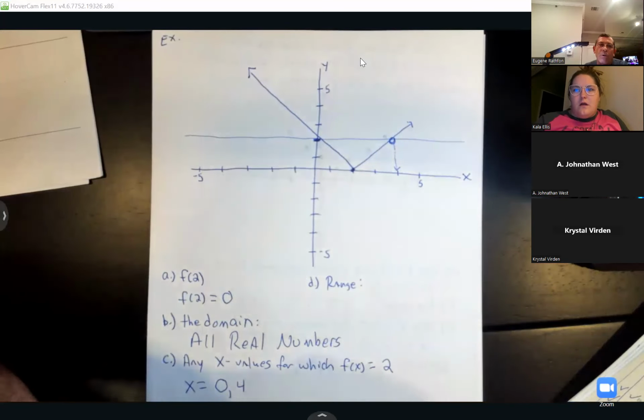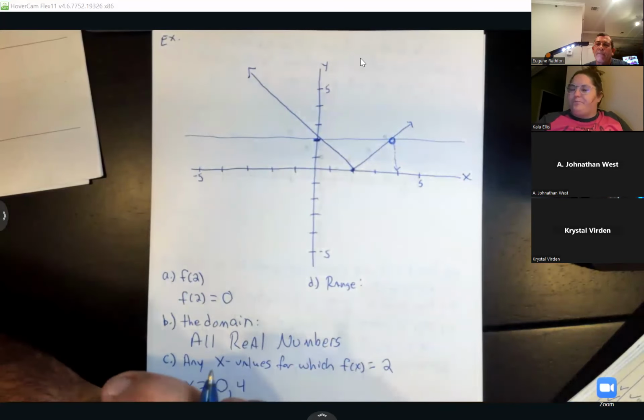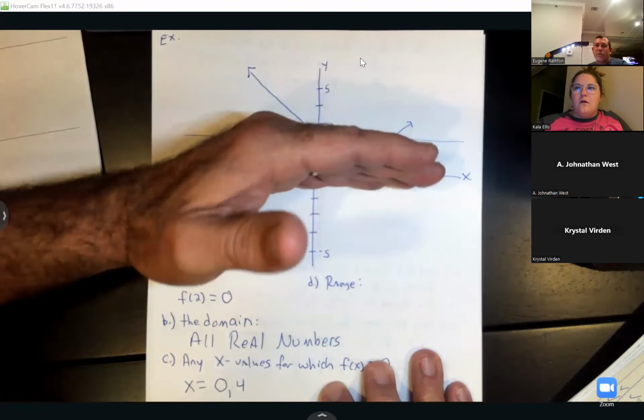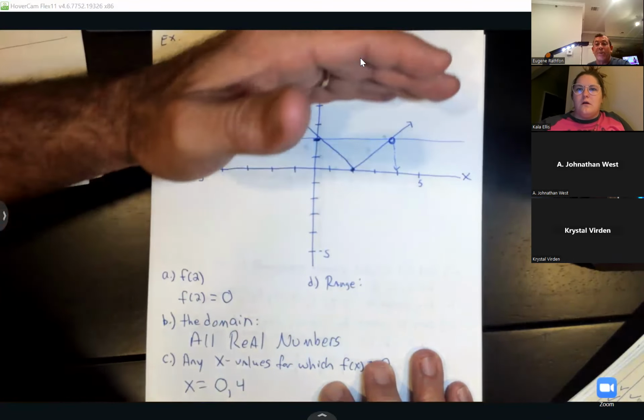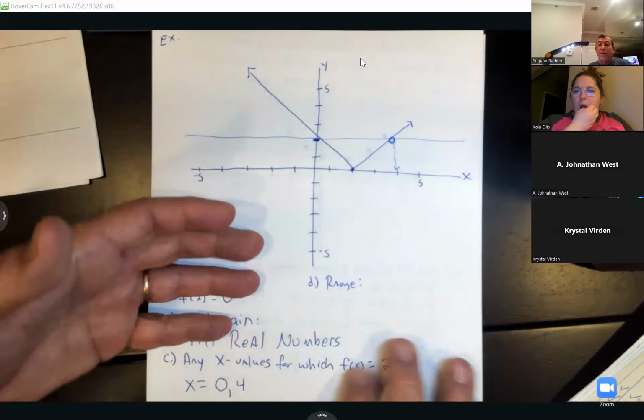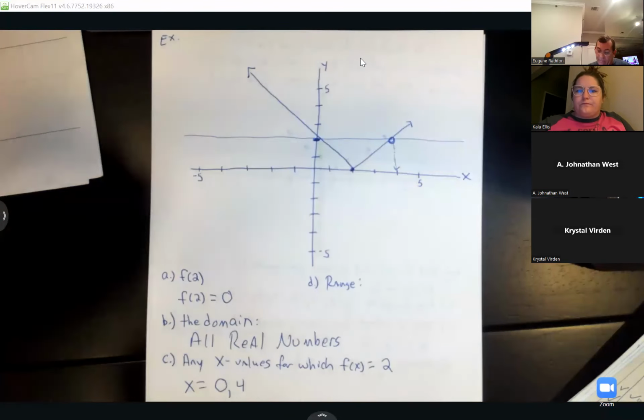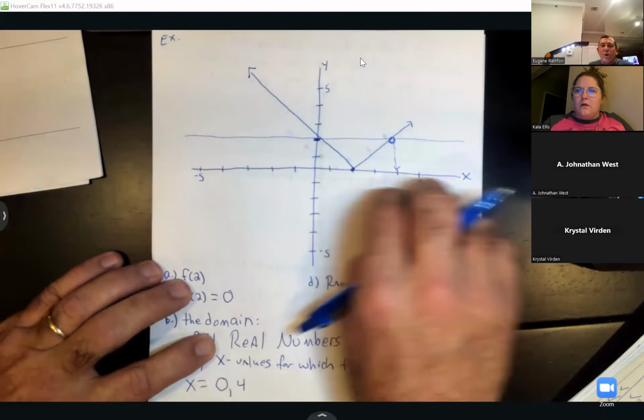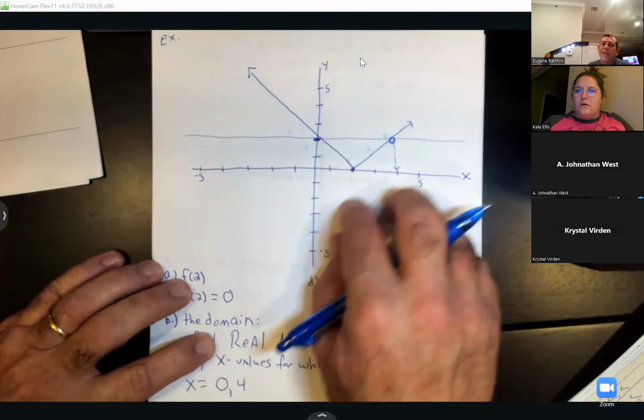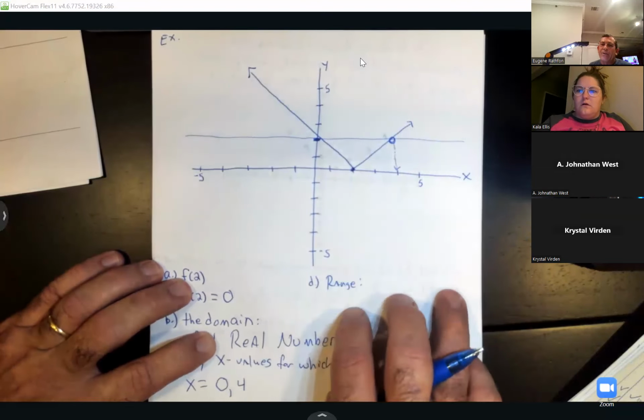Can I use all real numbers for this one? No, good job, because there's nothing negative on this. I can use all the positive real numbers because my graphs are going uphill towards positive infinity. But I cannot use all real numbers because I don't have anything in these negative y values.